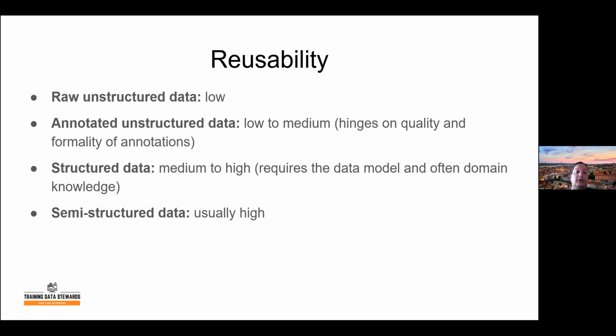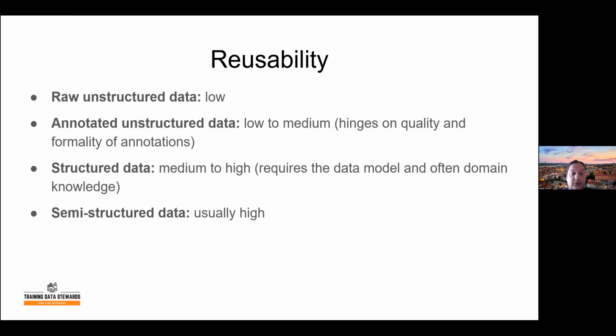When we have annotated and structured data, so if you have some semantic descriptions of elements inside that unstructured data, then reusability increases. And it can increase substantially if the quality and the formality of the annotations is high, namely if we're doing annotations with controlled vocabulary such that we can combine annotations of different files because they follow the same standard.